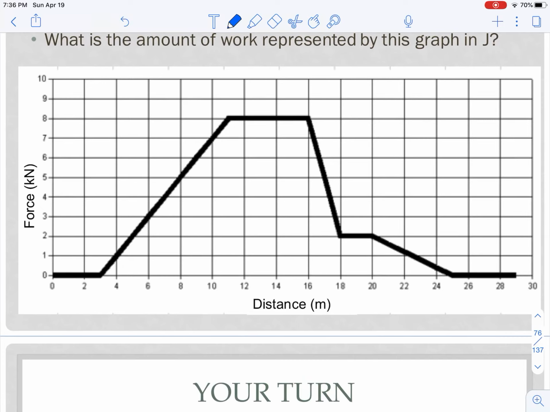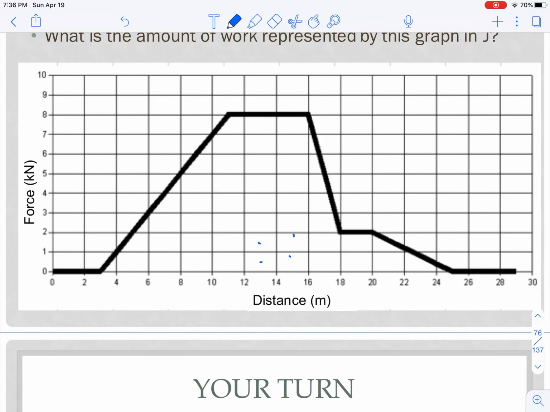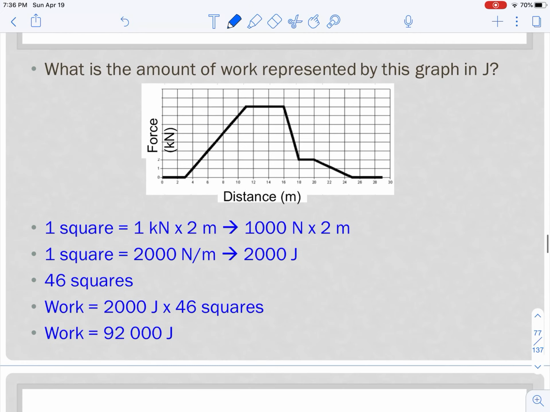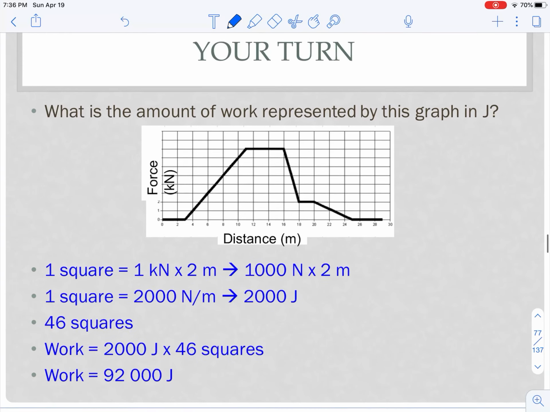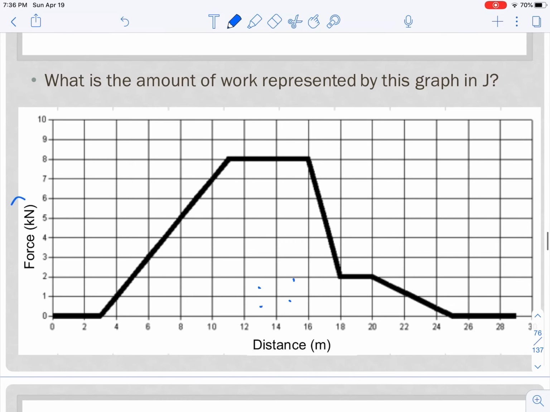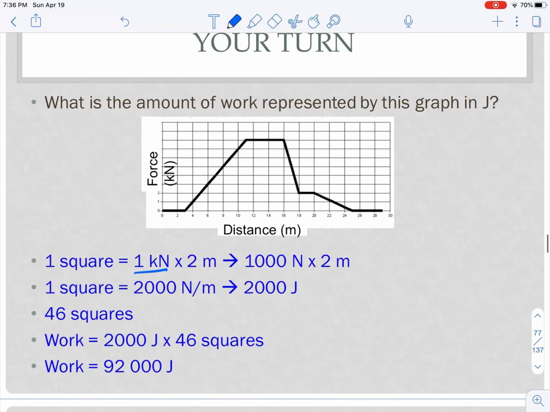So in a case like this, you just have more work to do, because you would have to determine how many boxes and count them all up again, figure out how much a box has for its newtons. In this case, 1 square being a kilonewton, as you notice over here. So we'd want to change that to 1,000 newtons so we can multiply it by the 2 meters.